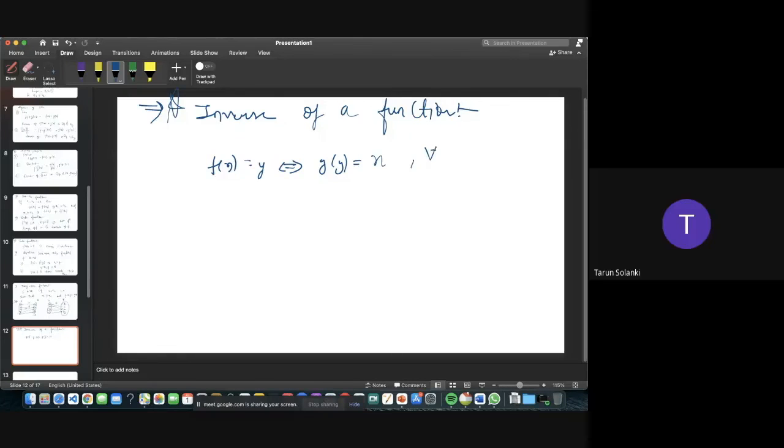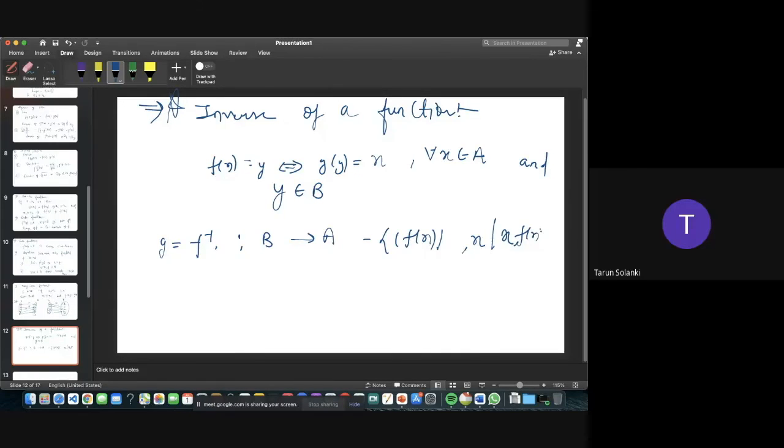So basically this x belongs to A and y belongs to B, right? So finally we can say this is f inverse from B to A.